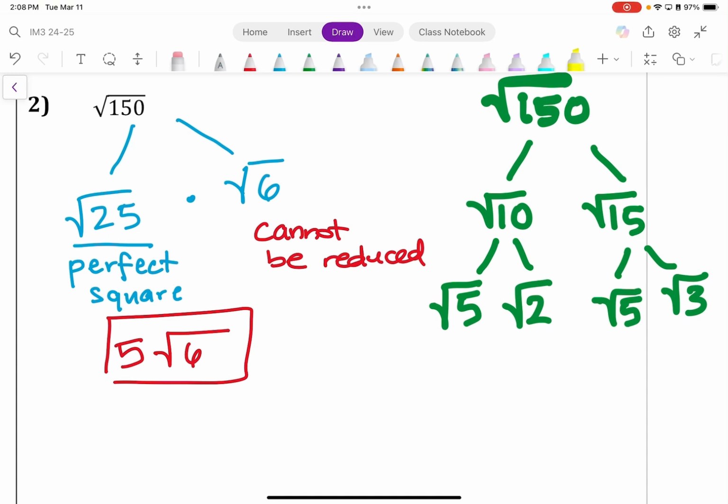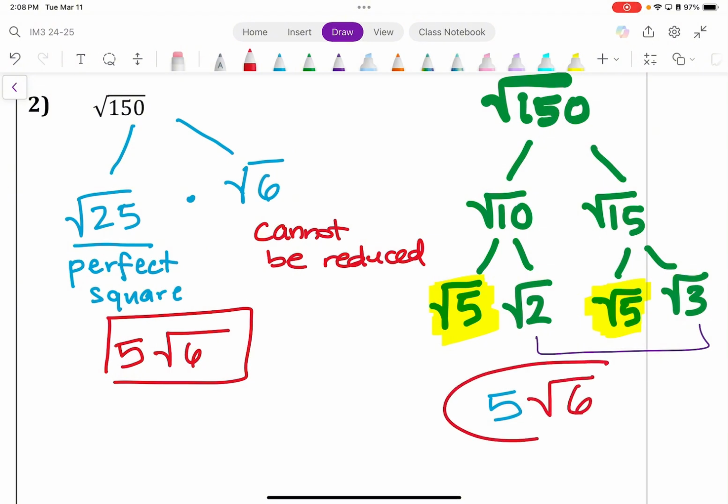Well, anytime you get a pair of square roots, they cancel out. So here we have a pair of square roots. That is going to be left as positive 5 as a whole number. And then anything that is left inside a radical needs to be combined together. So that would have been 5 radical 2 times 3, or 5 radical 6, which is the same thing that we got there. But look at how many more steps I had to do.